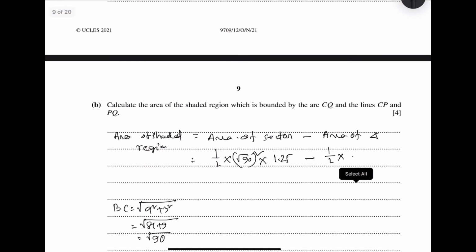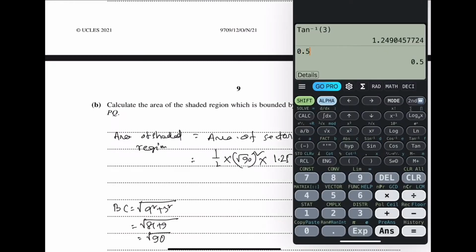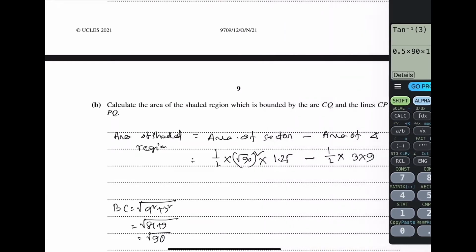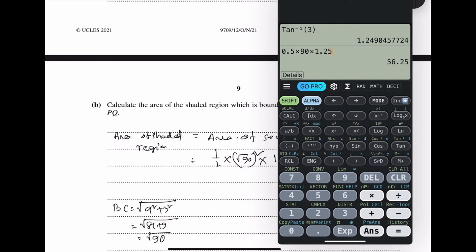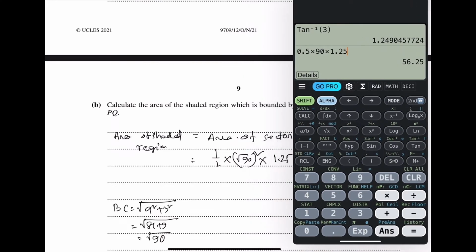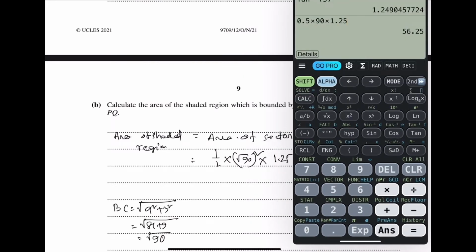Now let me simplify this. 0.5 into 90 into 1.25, minus 0.5 into 3 into 9.